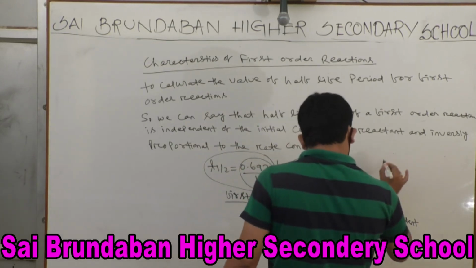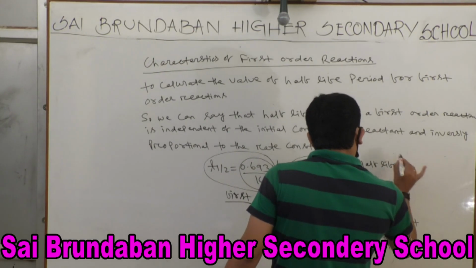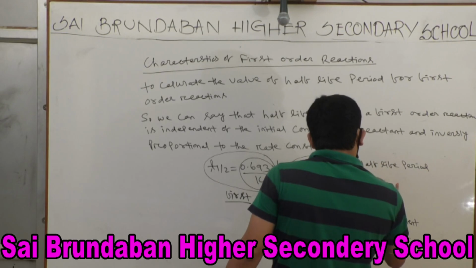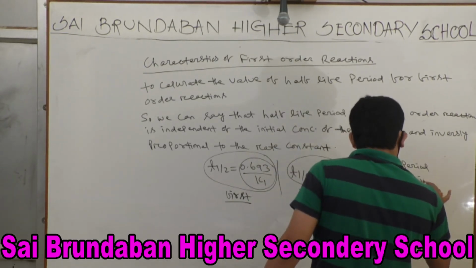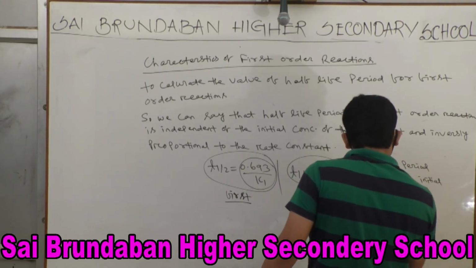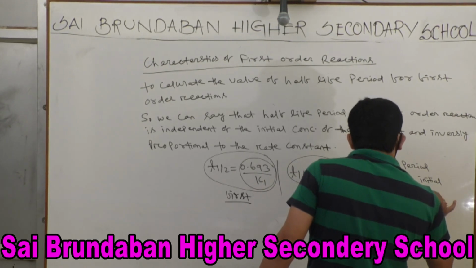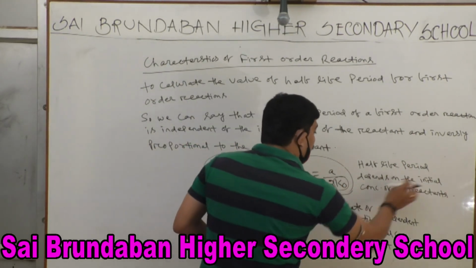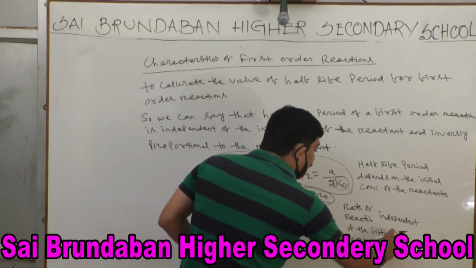But half-life period depends on the initial concentration of the reactant. Look at, for zero order reaction, half-life period depends upon the initial concentration of the reactant, while rate of reaction is independent of the initial concentration of the reactant.